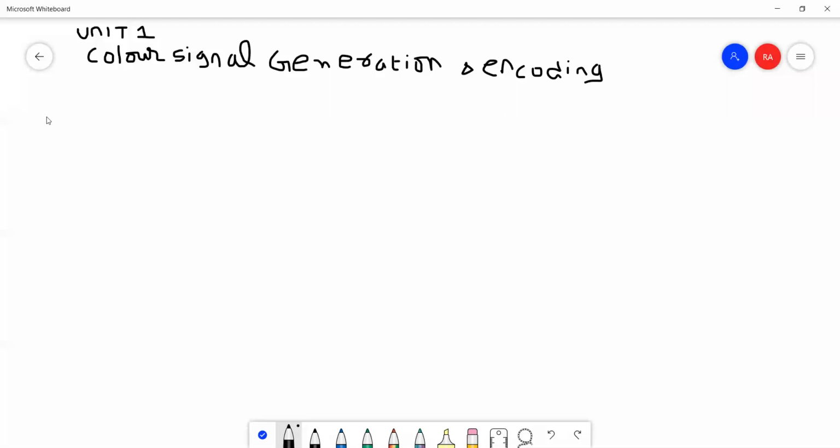So today our discussion starts from color signal generation and encoding. So let us begin.